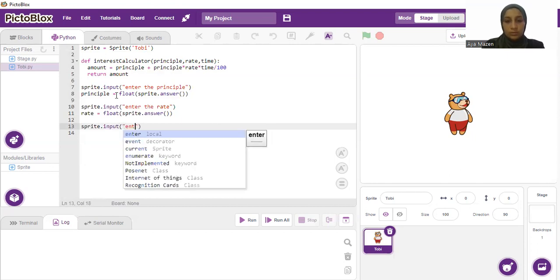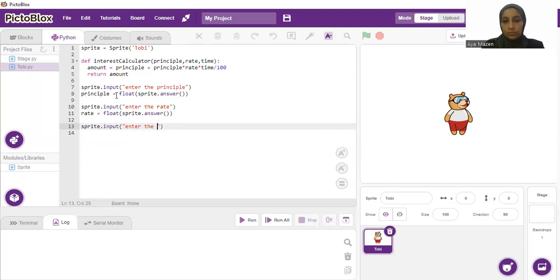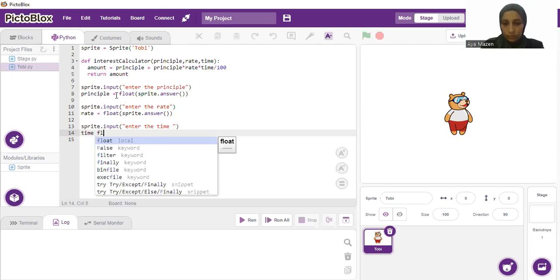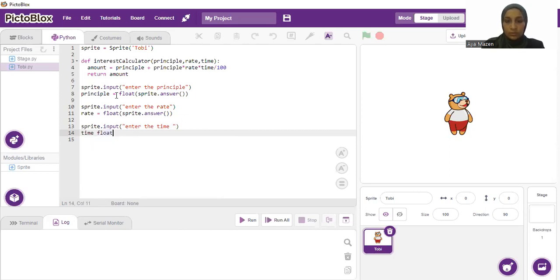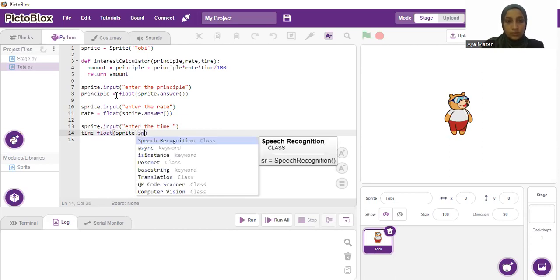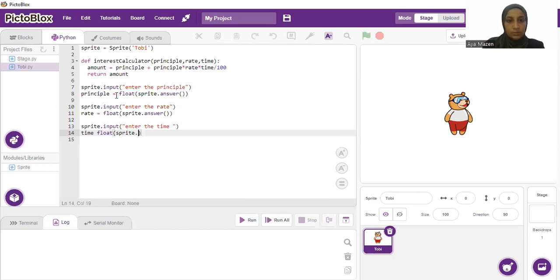and the time. And here also time equals float also, and open the parentheses right here, sprite dot answer, parentheses.